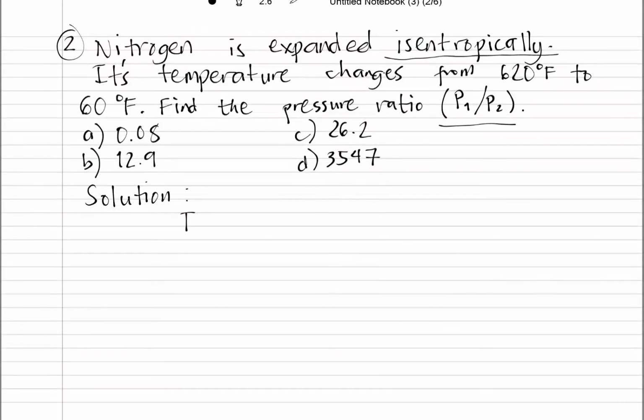Alam naman natin na kapag isentropic, meaning the entropy at point 1 is equal to the entropy at point 2, so S sub 1 is equal to S sub 2. Meron tayong formula na T1 over T2, parehas absolute temperature yung mga yan, kaya malaking T, is equal to P1 over P2 raised to K minus 1 over K.